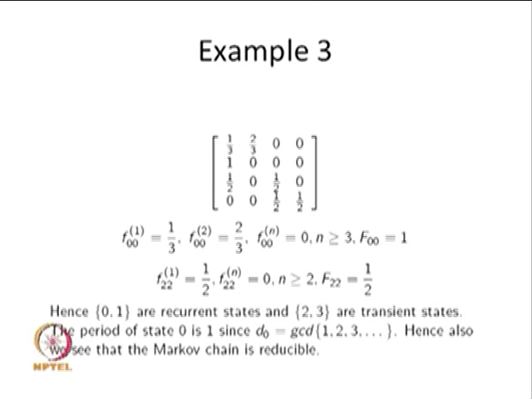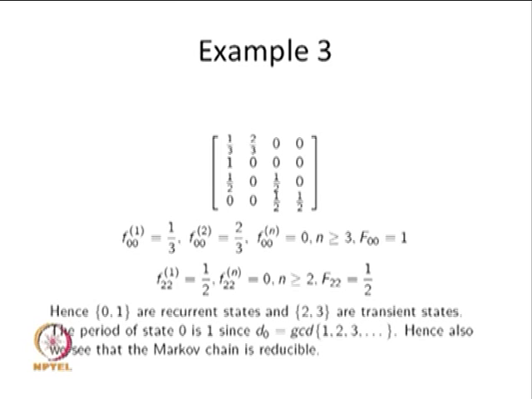Similarly, if you calculate mu 1 also, you will land up with a finite quantity. So, you can conclude both states are going to be positive recurrent states. Here the state space is classified into 2 positive recurrent states and 2 transient states.